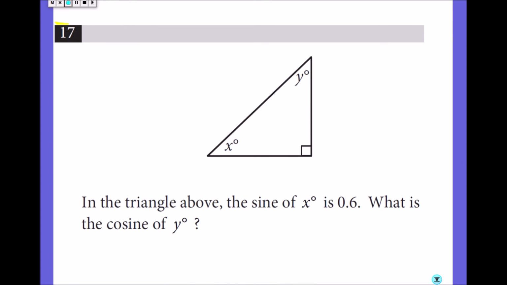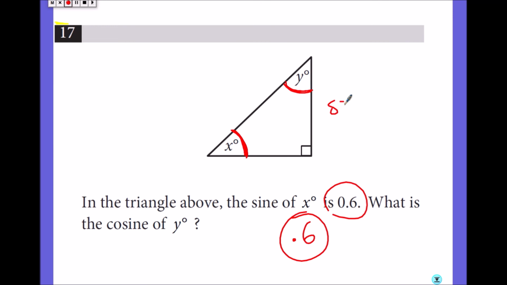(17) In the triangle above, the sine of x degrees is 0.6. What is the cosine of y? So here you have to remember, if you have a right triangle, the sine of this angle equals the cosine of the other angle. So they are equal, 0.6.